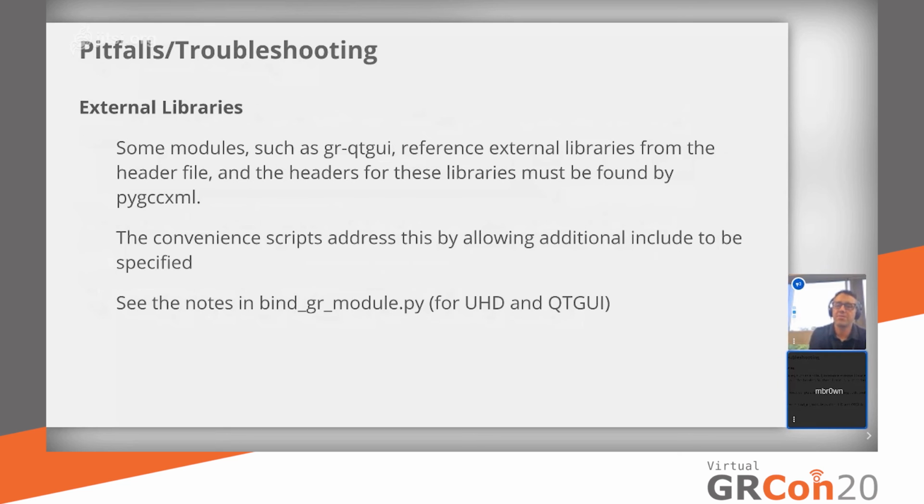So it needs to be able to find those and compile against them, and the convenience scripts have a placeholder for additional include directories to be specified. So take a look at the notes in bind gr module. It has specific notes for UHD and Qt GUI, but you'll probably find something similar if you're referencing other external libraries in your out-of-tree module.